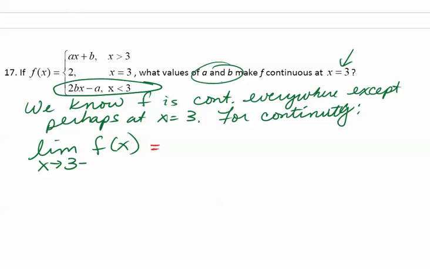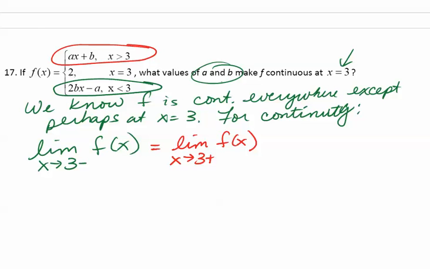The right-hand limit is when x is bigger than 3, so that's the red piece of the domain. And of course, we need that to be equal to f of 3 itself. So f of 3 right here in the middle is the easiest one, so let's fill that in first.